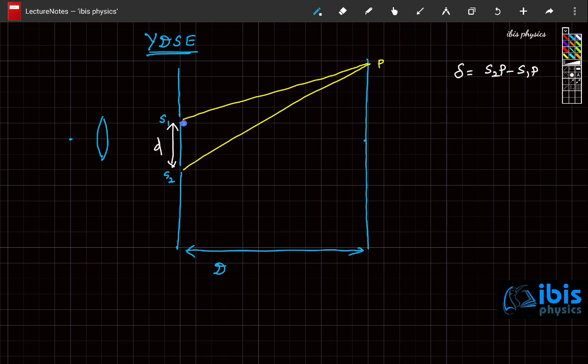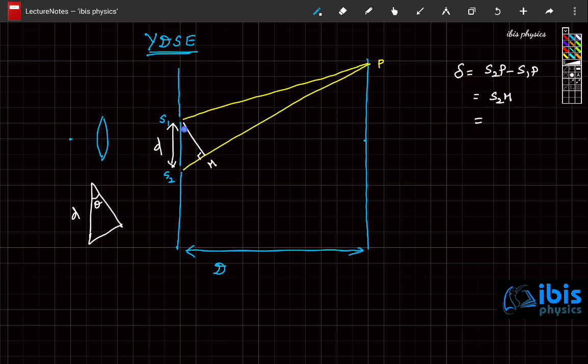Suppose you draw a perpendicular here, you know this is a right triangle, and from here to here it's an equal distance. Let's call this point M. So this S2 to M is the path difference. I will draw this right triangle over here, and this is d.